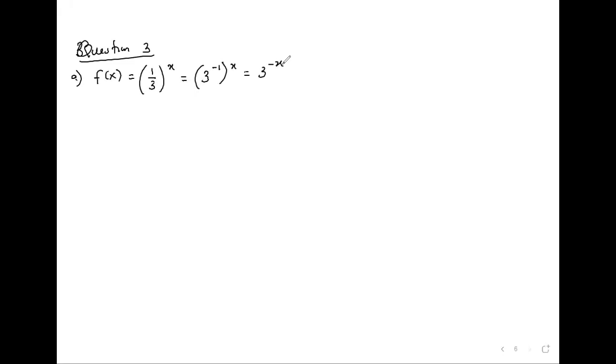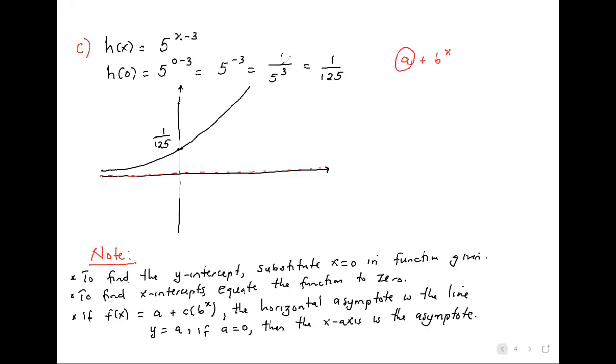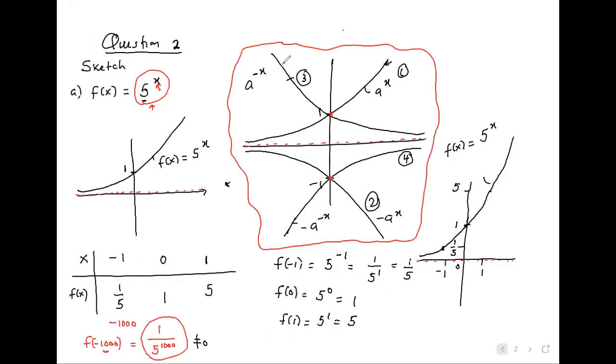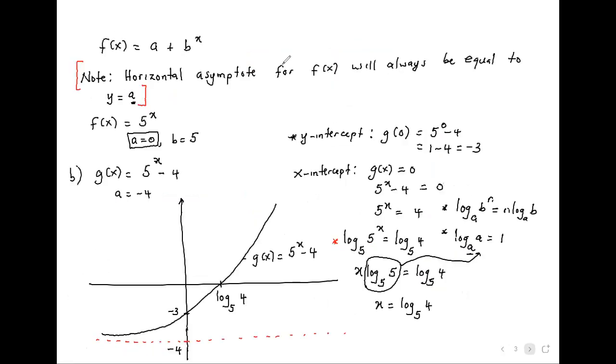So when this is the case, the family has changed. We're dealing with family number 3, while the orientation of the curve changes.